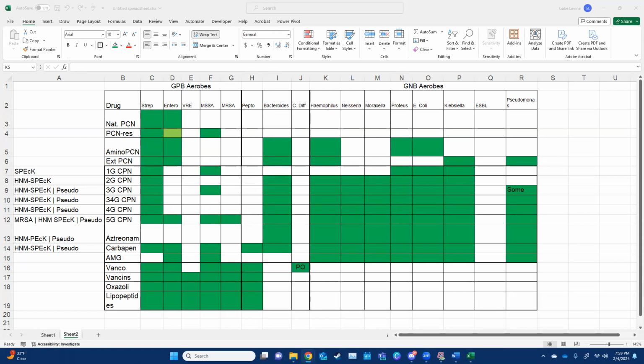Where would this be? And the gram-positive cocci, peptostrepto. Yeah, okay. I believe it's this for peptostrepto and pepto.